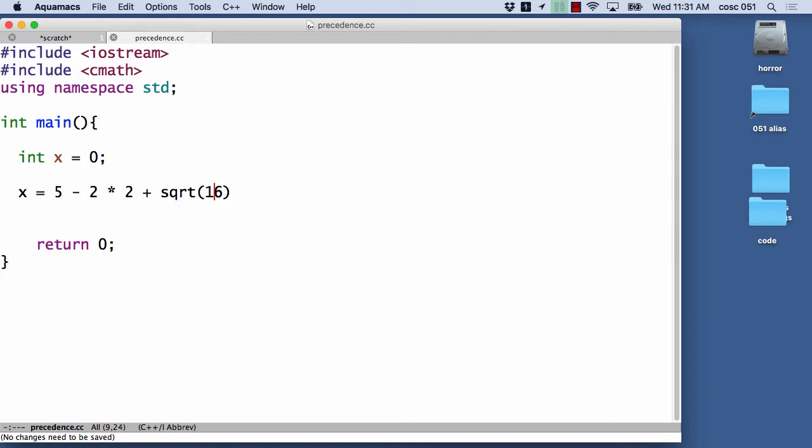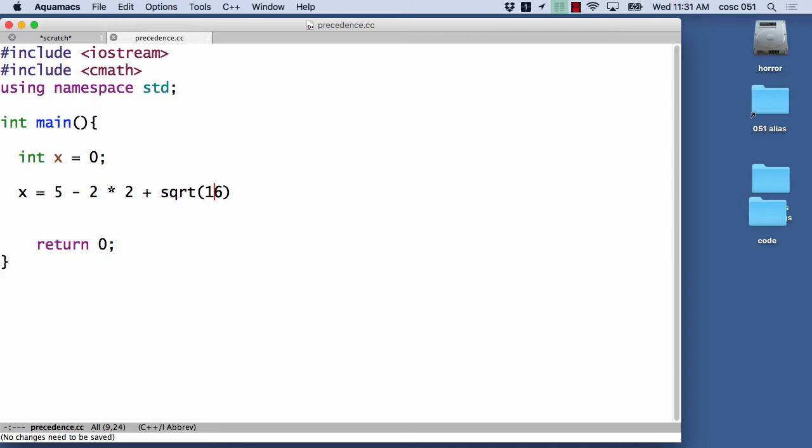Anybody want to take a swing at this one, by the way? Yeah, what's the answer? Wait, have you programmed before? Okay, go ahead. So he thinks the square root first, and then negative 2 times 2, okay, and then do something with the 5.